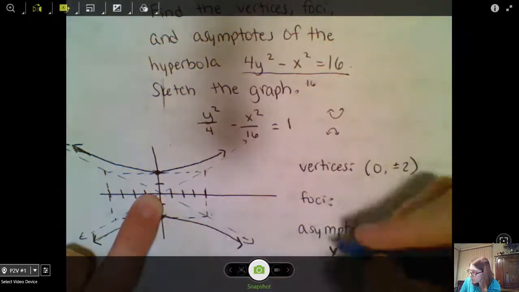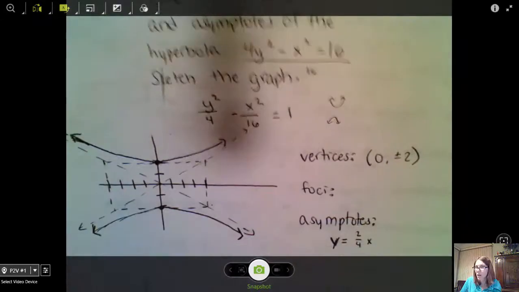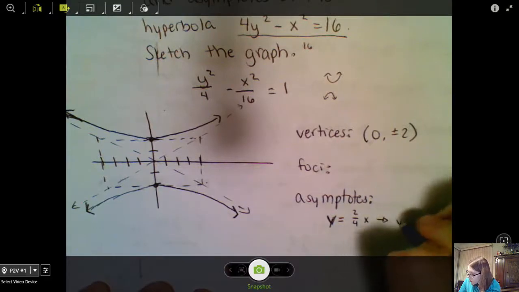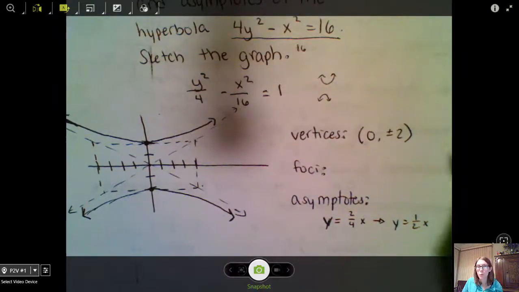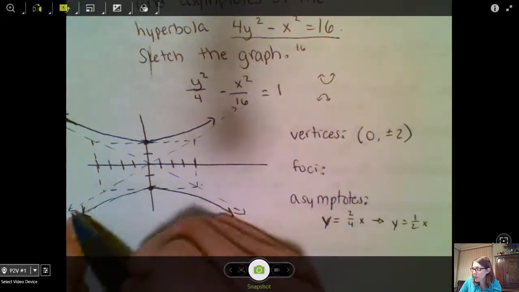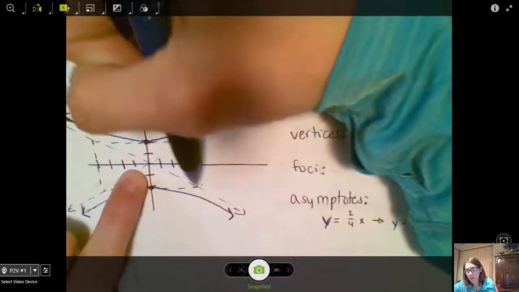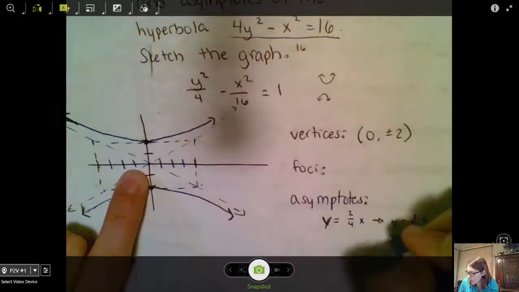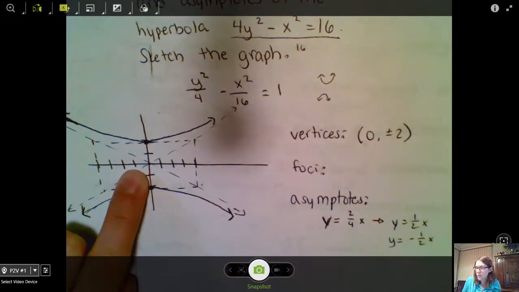So 2 over 4 x, or even better, y equals 1/2 x is the equation of one of our asymptotes. That's our equation of this asymptote here. But then we also have our asymptote that's going down, which would be the same, just negative. Y equals negative 1/2 x.